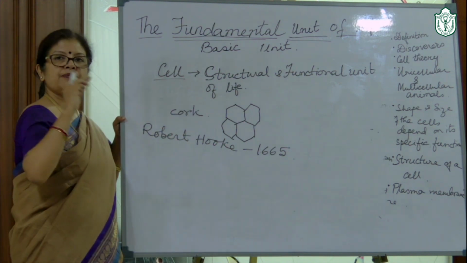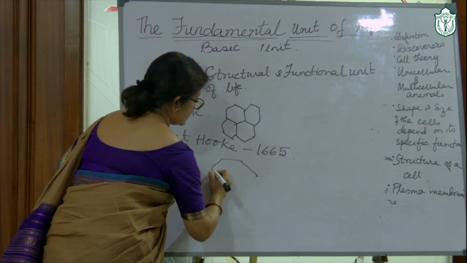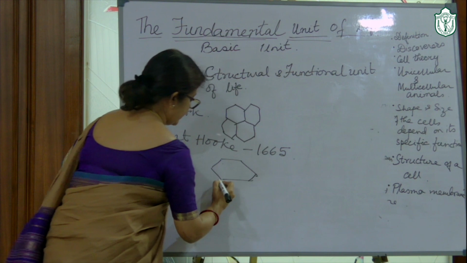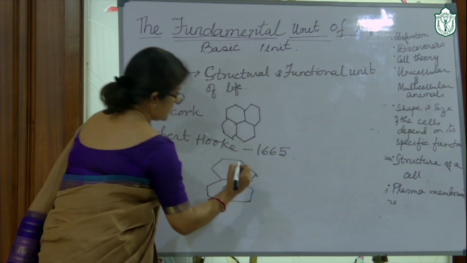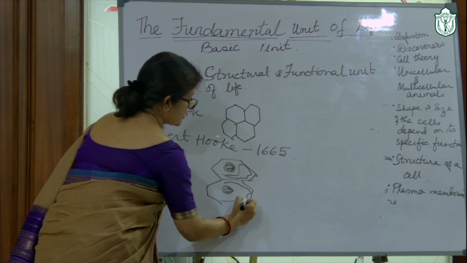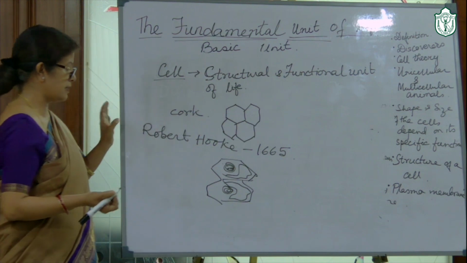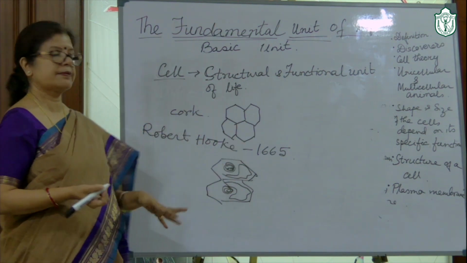You will see that in an onion peel, the cells are arranged like this. There is a nucleus at the center, or at the side, at the periphery, and there is a space surrounding it.